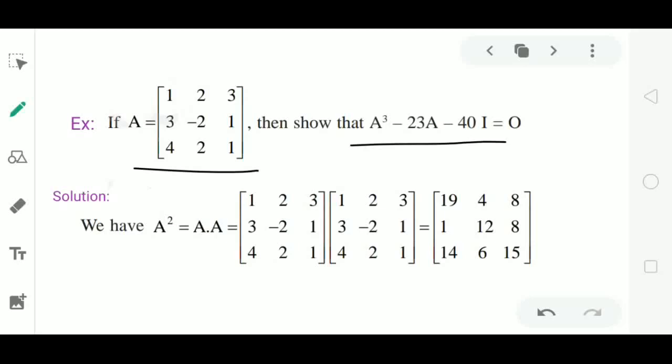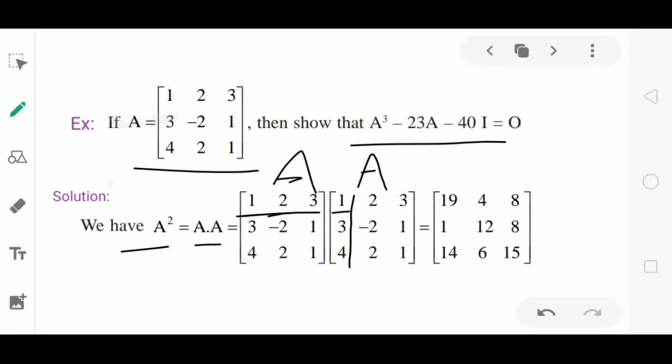So to find the matrix A cube, first we find A square, that is A into A, multiplying matrix A with matrix A itself. We already know how to multiply the matrices, that is we multiply the first row of A with the first column of the second matrix element wise.